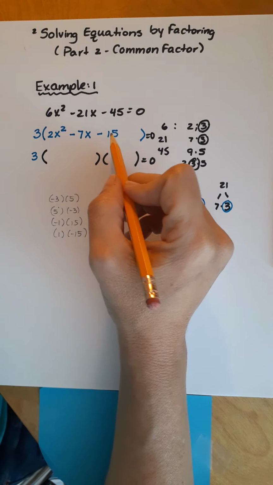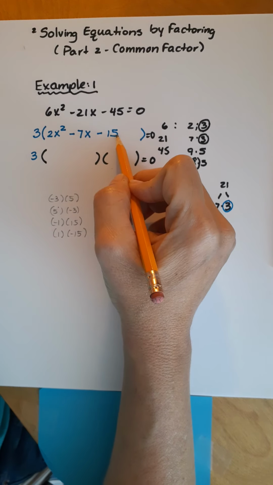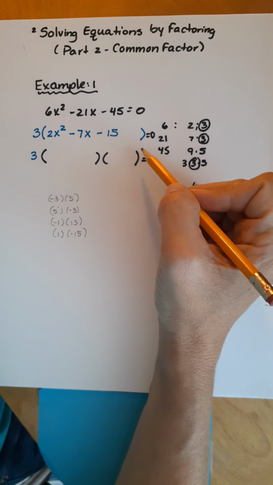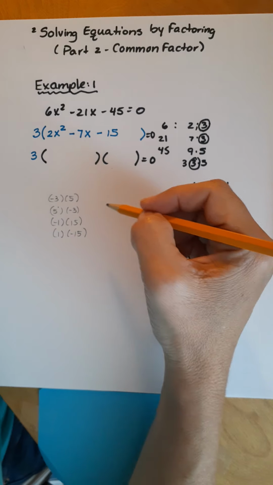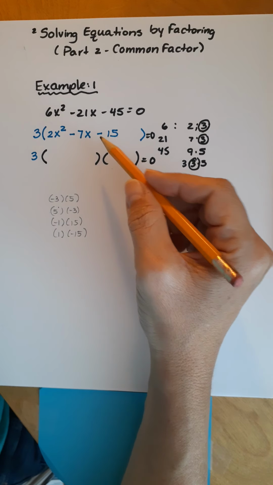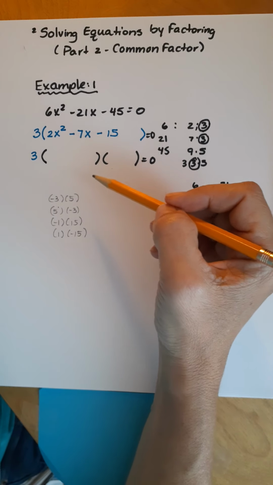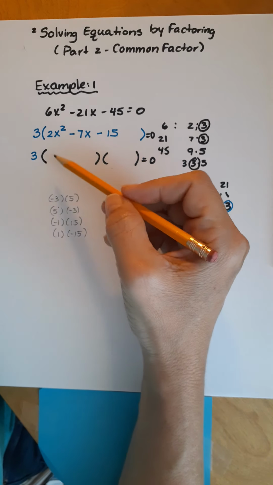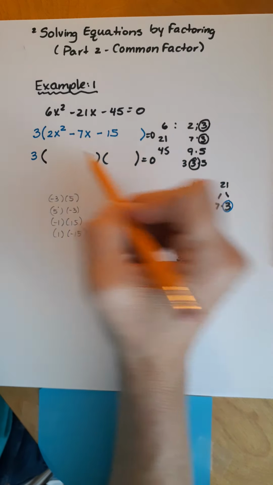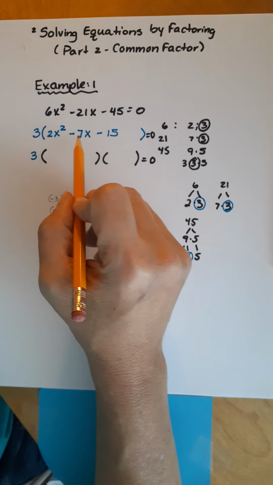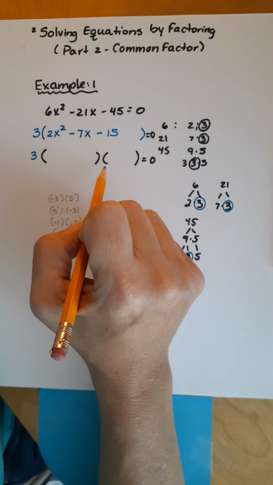All of these work to create negative 15. But we have to look at our middle term and take a look. That middle term, first, I looked at its negative. That tells me that whatever I'm putting in these terms, what creates a negative number is going to have to be the larger of the two.